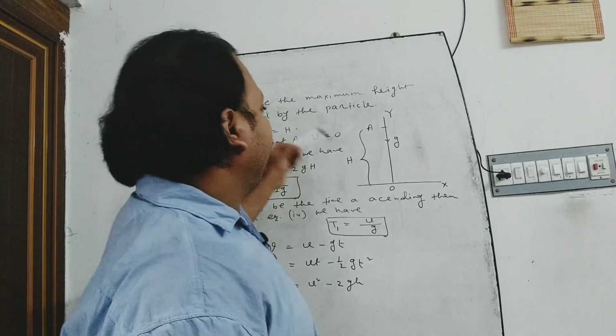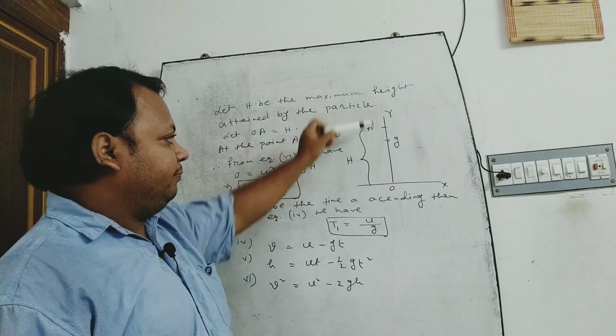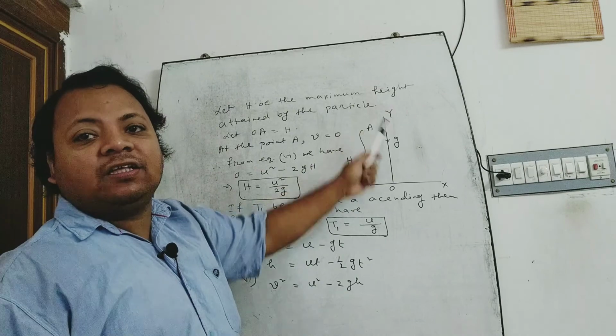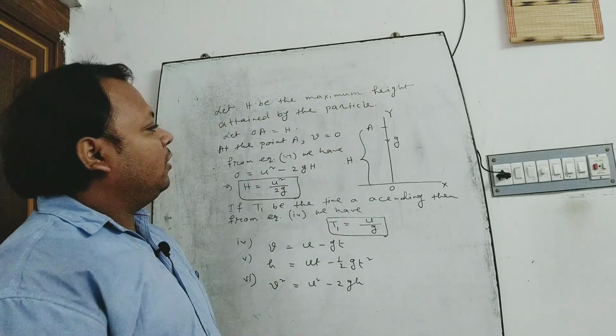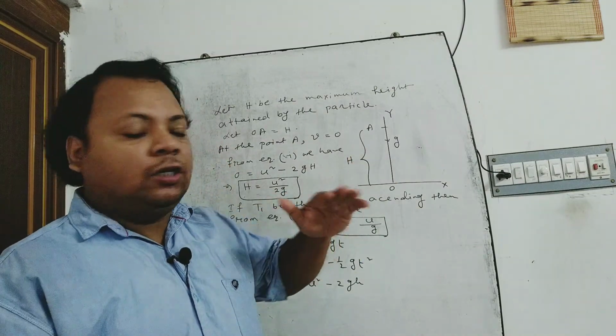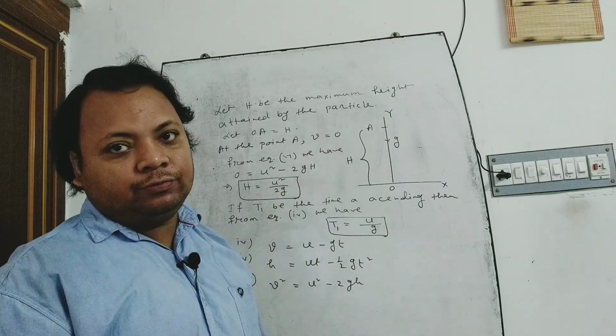Let capital H be the height attained by the particle, that is OA is equal to H. A is the maximum or highest position of the particle. Therefore, at the point A, the vertical component of the velocity, that is v, is equal to 0.